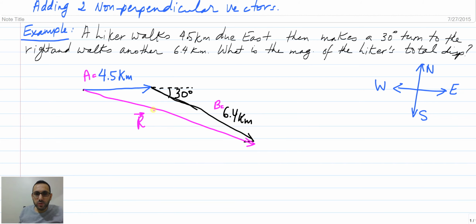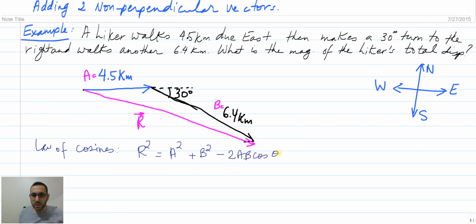To find the resultant of two non-perpendicular vectors, we use the law of cosines. The law of cosines says that the square of the resultant is equal to the square of the first vector, A squared, plus the square of the second, B squared, minus 2AB cosine theta.